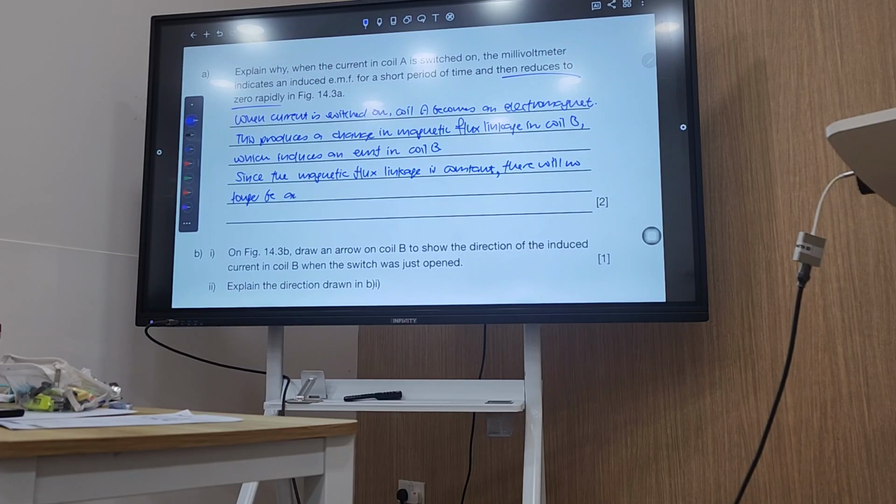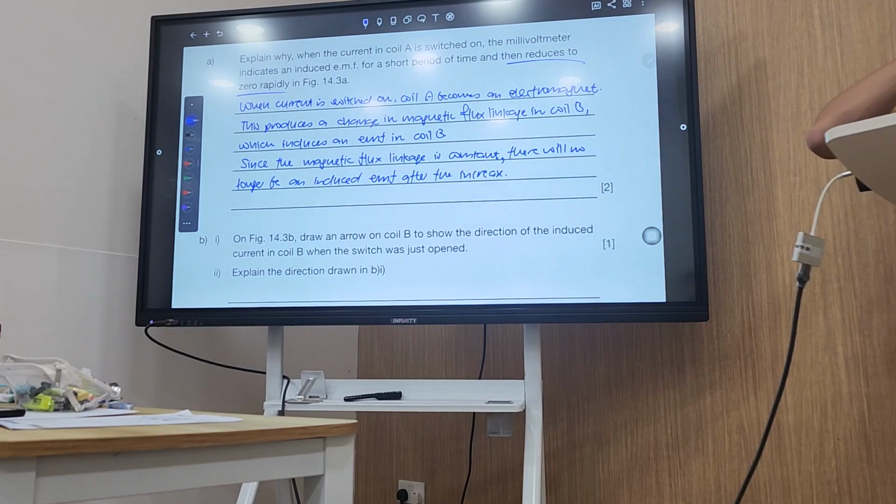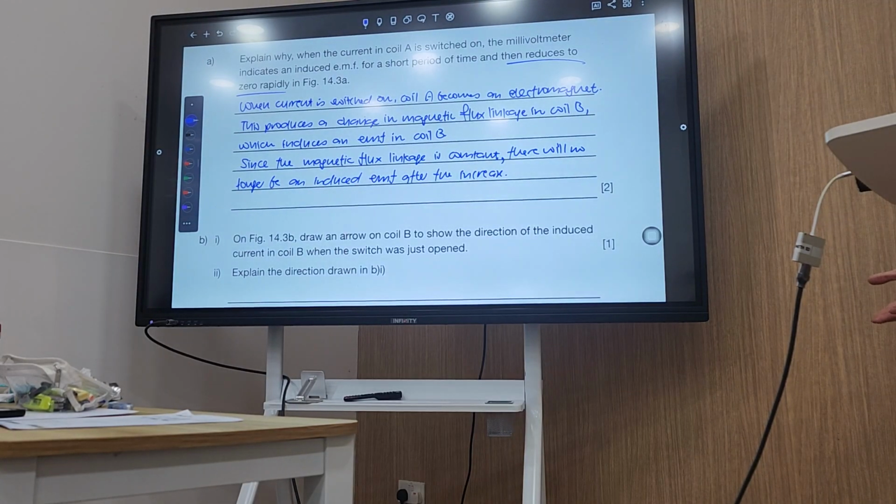There will no longer be an induced EMF after the increase. Faraday's law says that your EMF is only induced if there is a change in flux linkage. Are we okay?